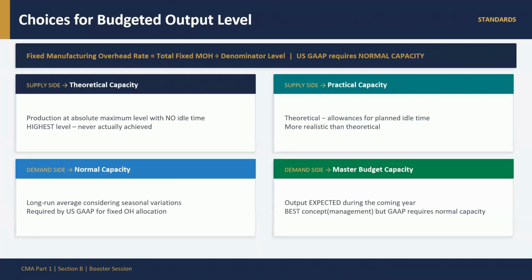So what happens here? It is our own estimation. In the next year, what is our estimated sales units? Okay. Our budgeted data is master budget capacity. For the organization, the best thing will be budgeted, master budget capacity. And when you look at it as a whole, according to US GAAP, normal capacity is best.